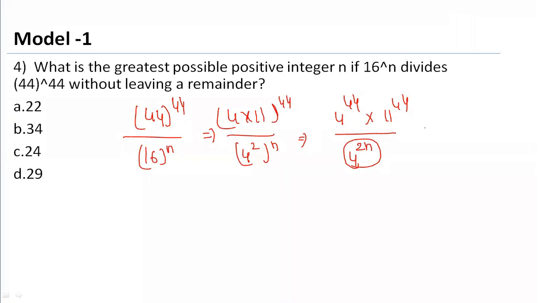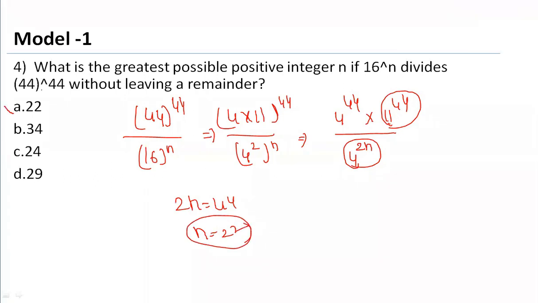Why? Because you will be having terms in the denominator. And 11 power 44 will come under coefficient. The maximum you can cancel out the numerator with the denominator is making sure this is also the same as the numerator. That means 2n is equal to 44, n is equal to 22.